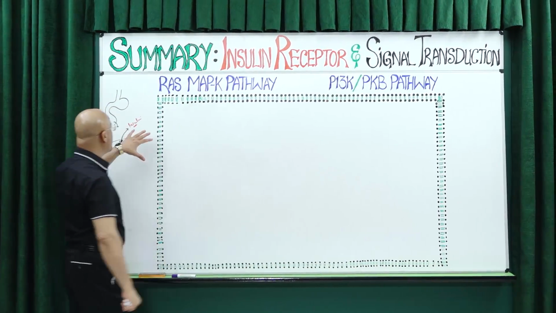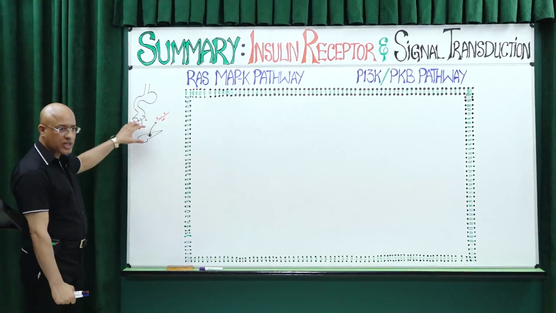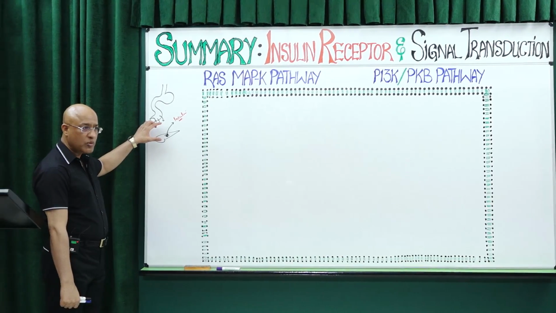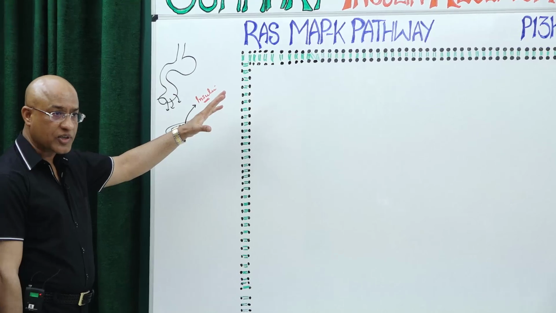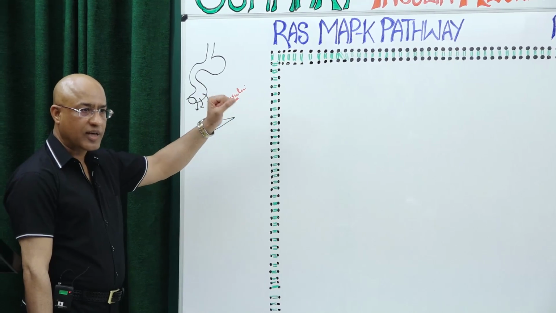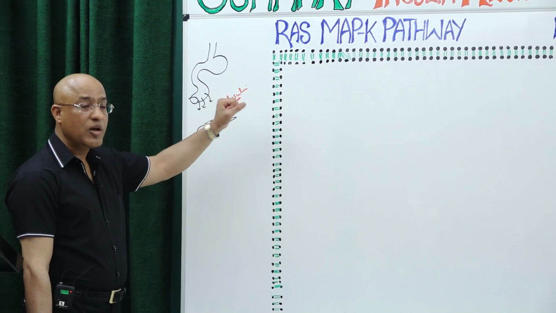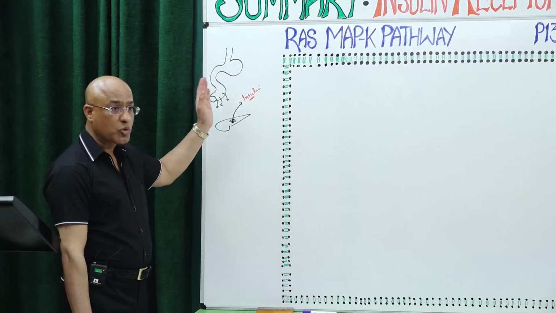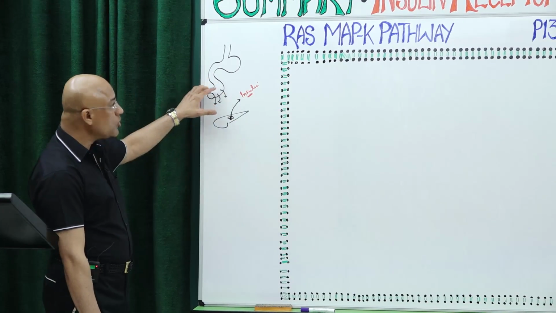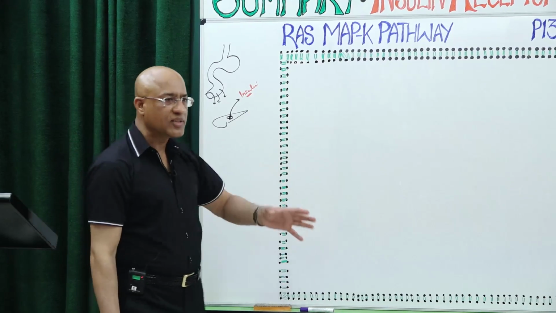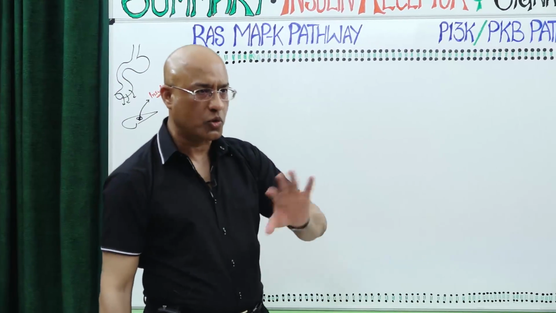One of its major functions is that all the nutrients which are coming, it has to pump those nutrients into body tissues, especially the liver, skeletal muscles, and adipocytes. So glucose and amino acid uptake should go into the target cell, and those nutrients should be utilized and stored in the cells.